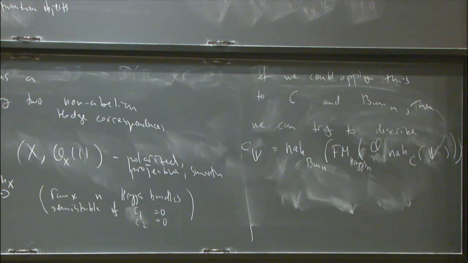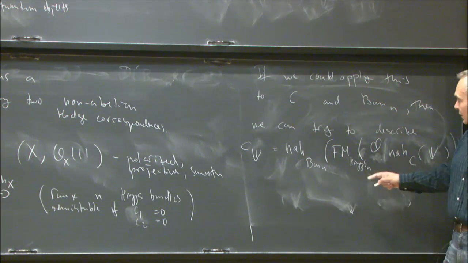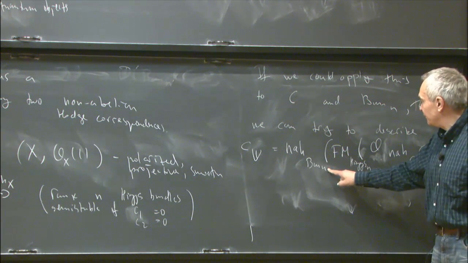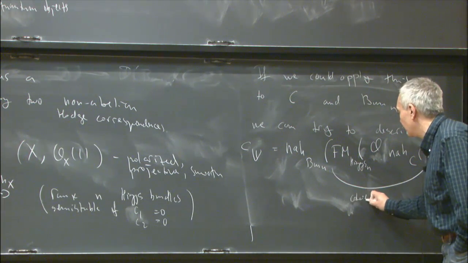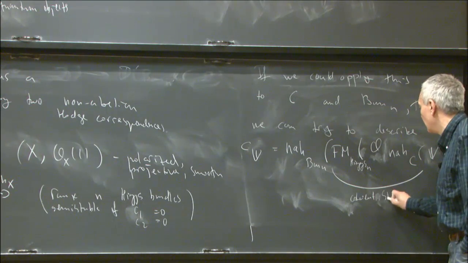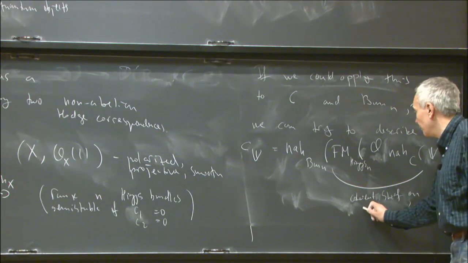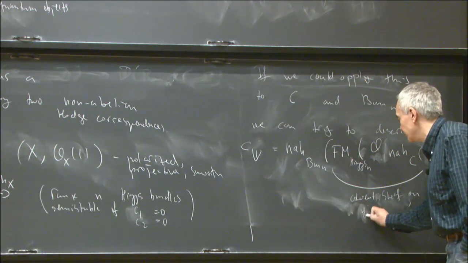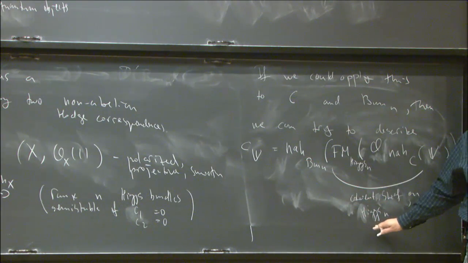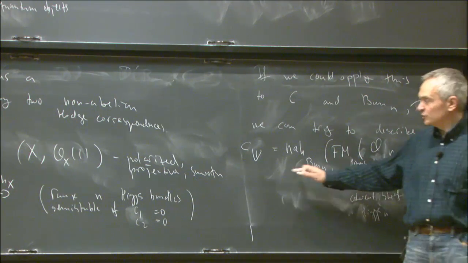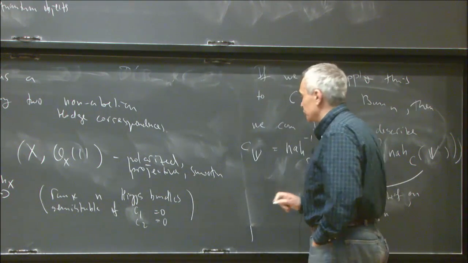Right. Maybe this one requires a little bit of an explanation because this object here is a coherent sheaf on the Higgs moduli space. And I'm saying I can apply the non-abelian Hodge correspondence to that. But this is the inverse non-abelian Hodge correspondence.